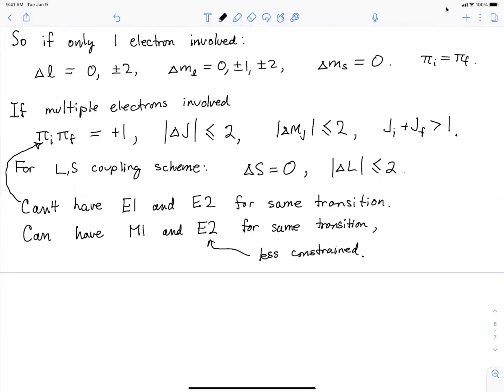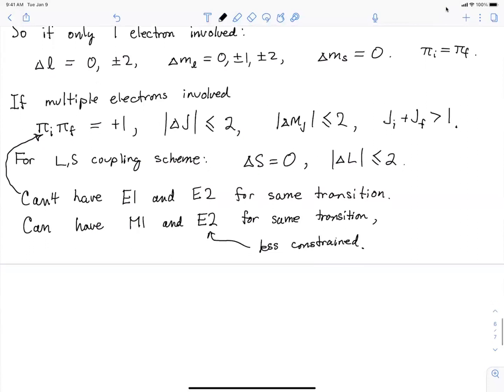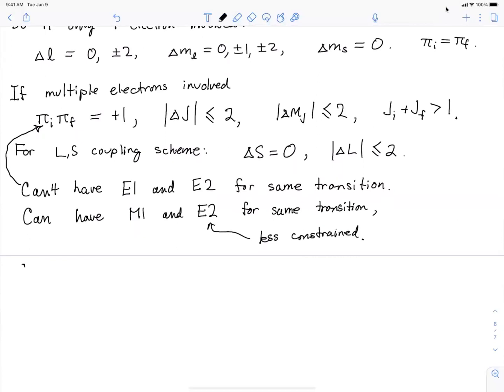If we have some excited state, for example, and we want to know what lower state it will transition to, we can get that by applying these rules and figuring out what's the first term in the expansion that allows it. And in fact, if we continue that, so continue the multipole expansion of our perturbation.